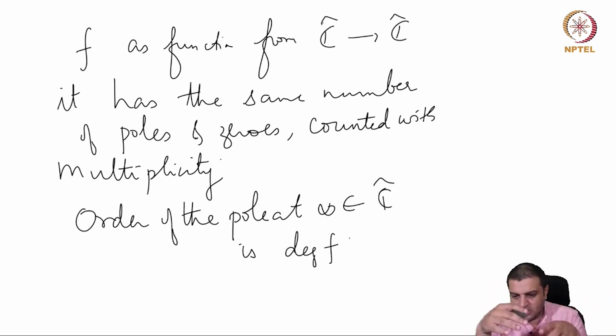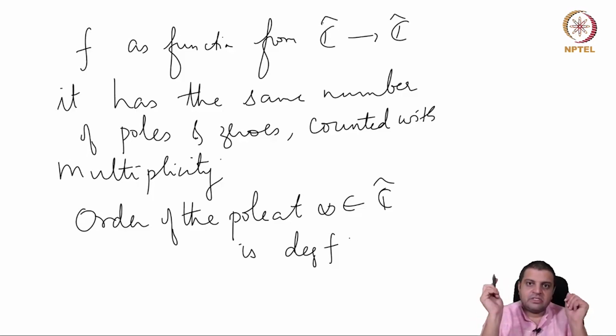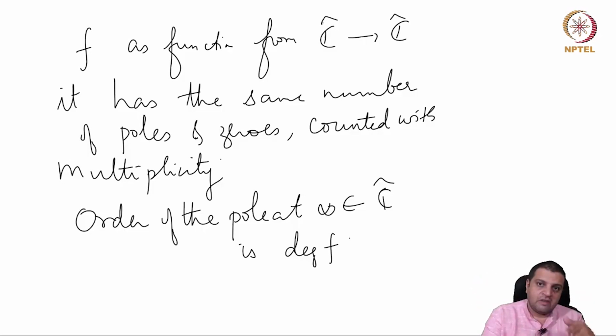So bringing in this point, making C the Riemann sphere, has this advantage that for polynomial functions, it brings in a symmetry between poles and zeros. Now if you look at rational functions, this is true for all rational functions also.